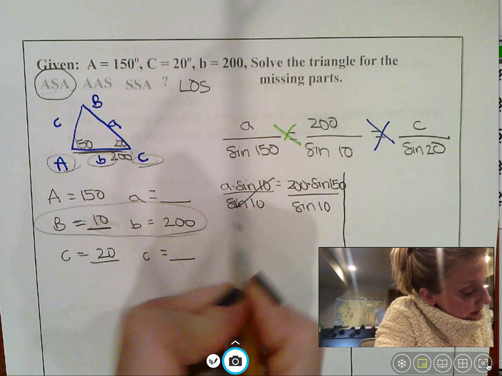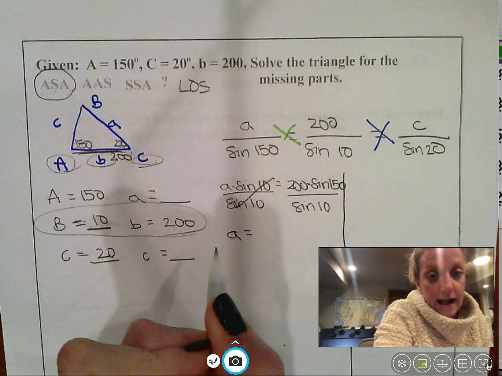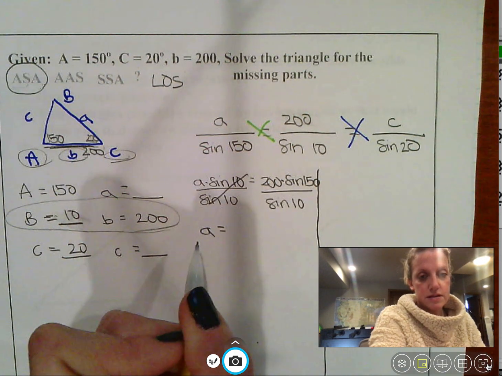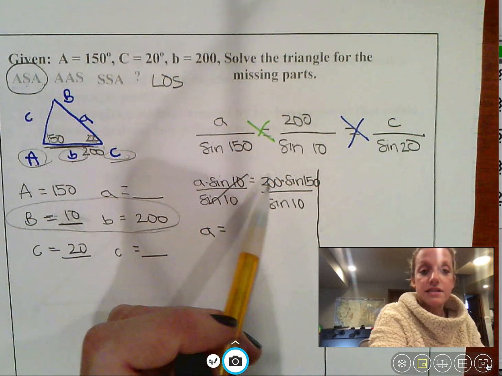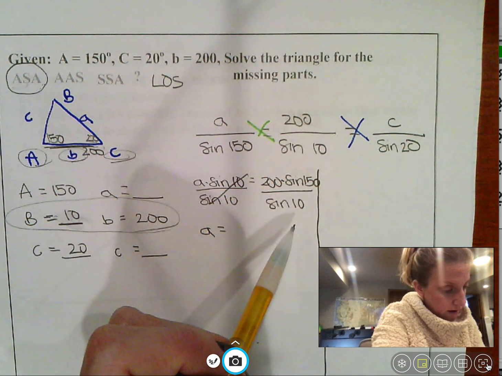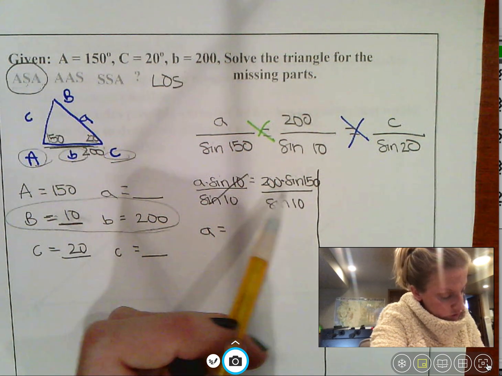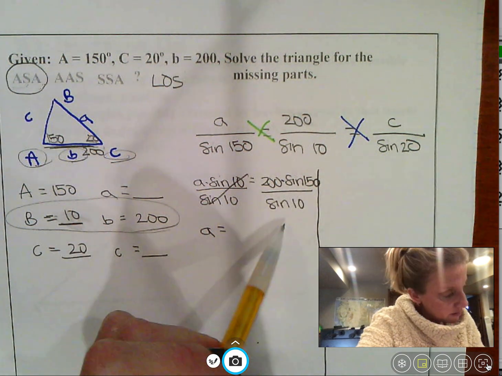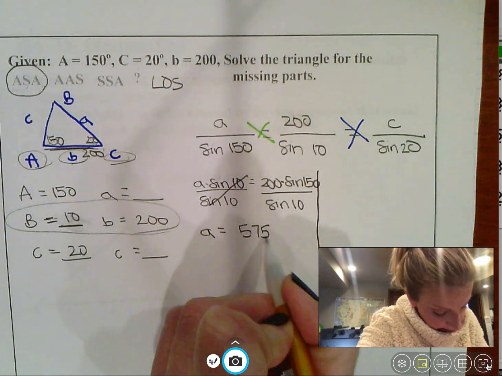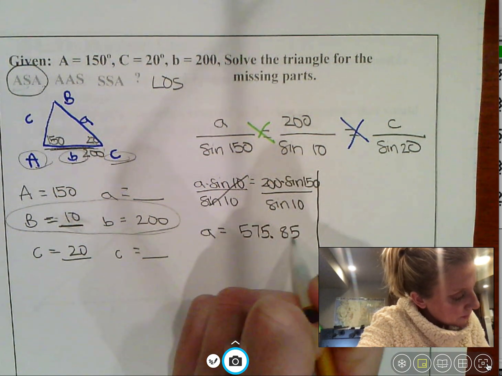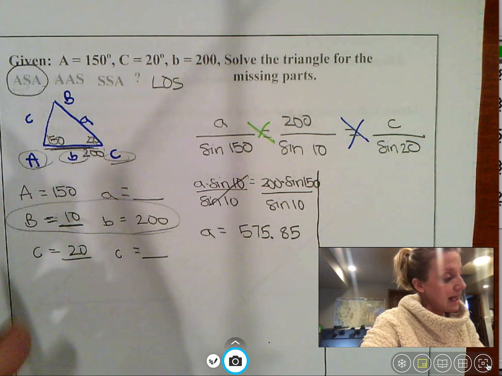So over here they cancel. And now I'm not going to take the time to put this in the calculator because the video is already running long. Go back to the last example if you need calculator help. But when you do 200 times the sine of 150 divided by the sine of 10, you get a really long side length of 575.85.